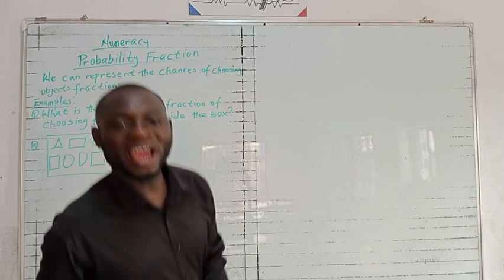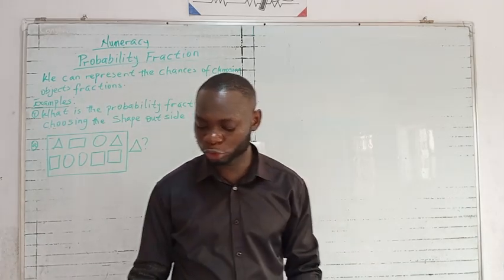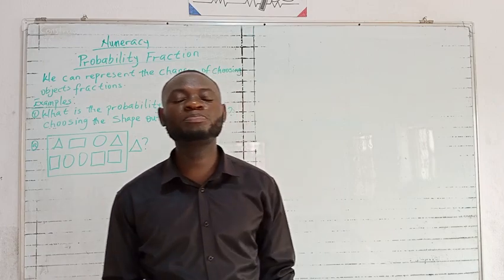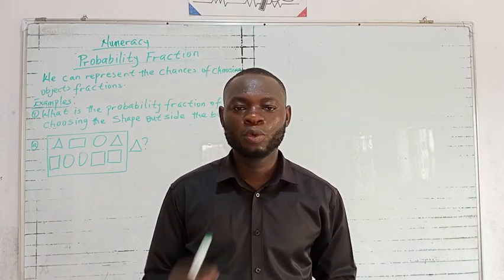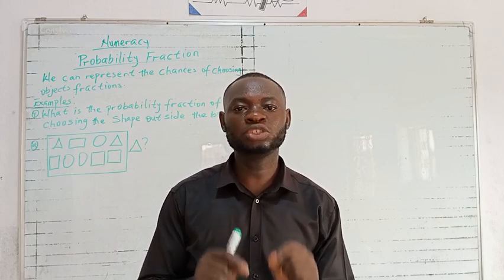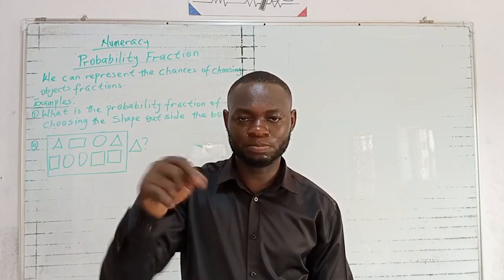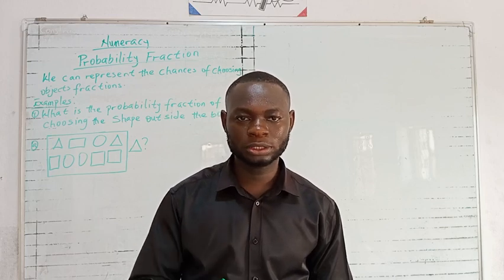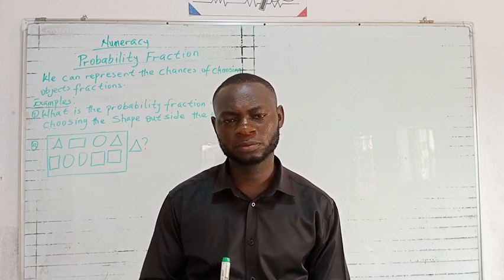Now, to find the probability fraction of choosing a triangle from a box of shapes, what we simply ask ourselves is, what is the total shapes inside the box? If we get the total shapes inside the box, then we ask ourselves another question.